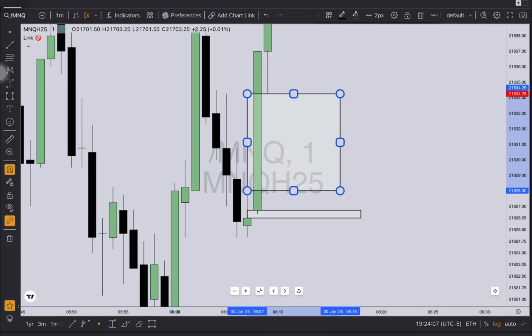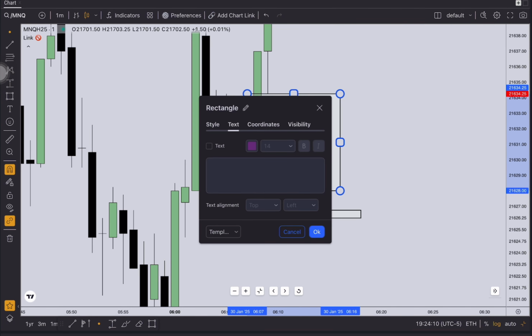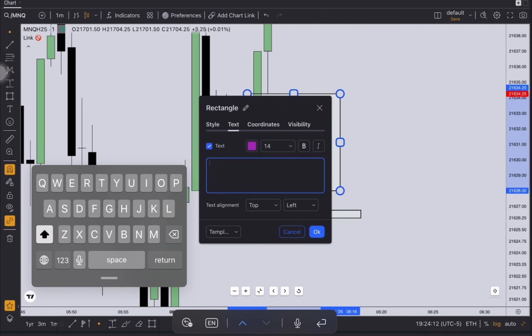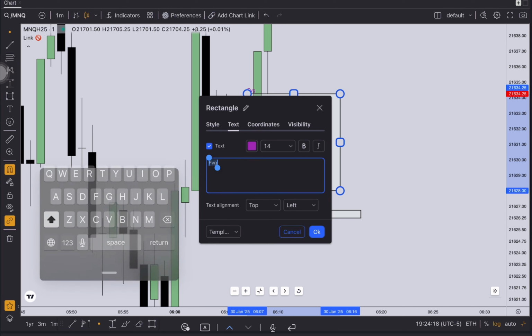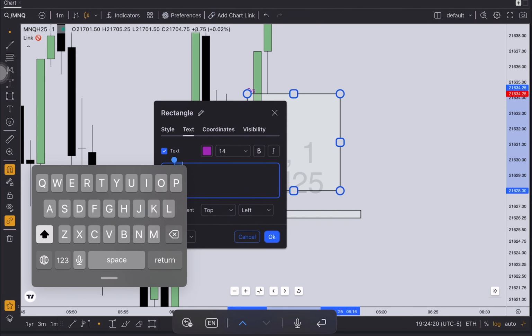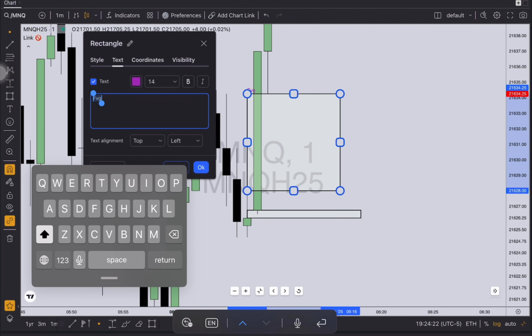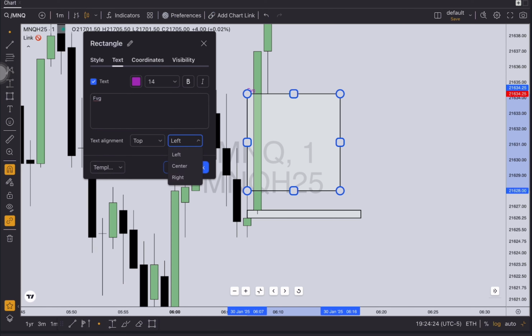So this will be an FVG. And then let's put it in the center, inside, okay.